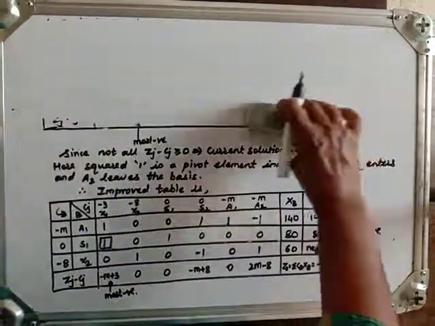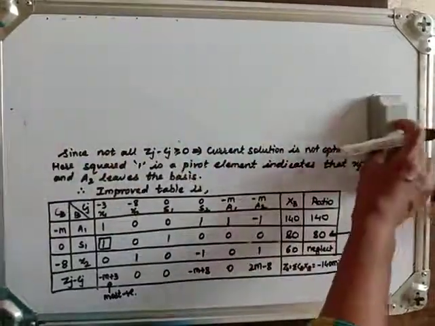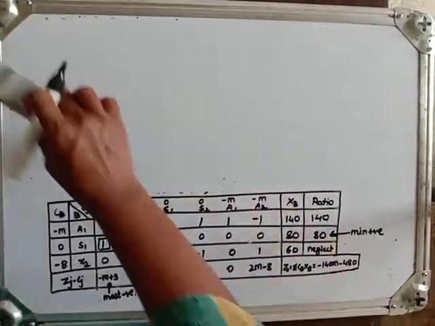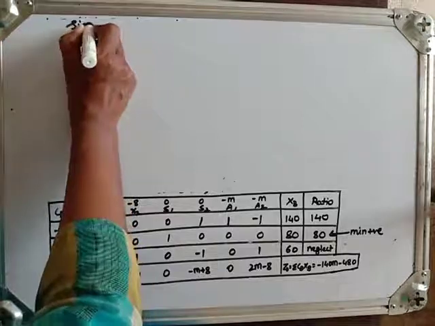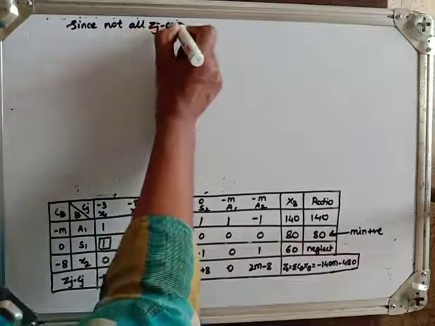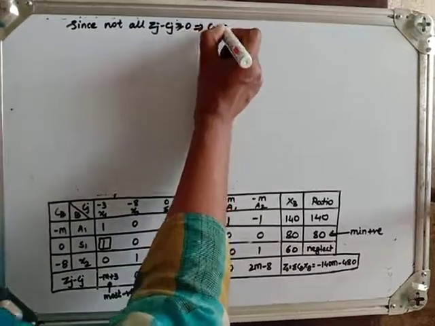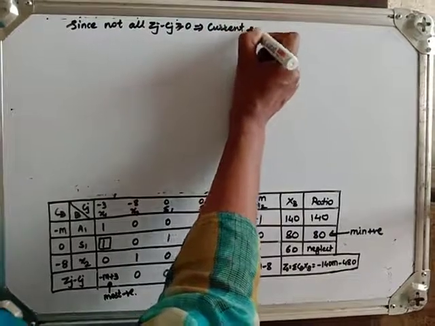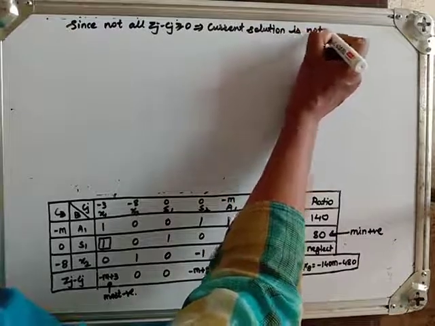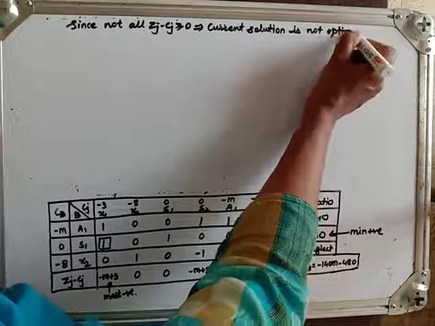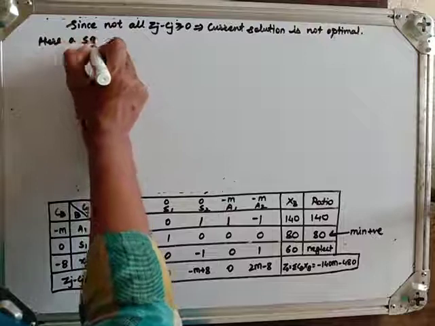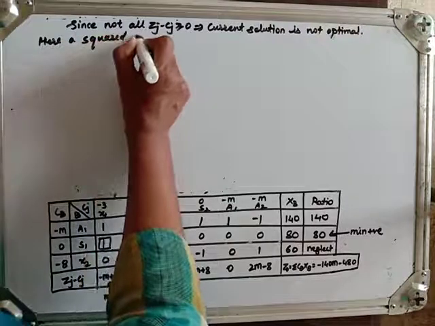Since not all Zj minus Cj greater equal 0 implies current solution is not optimal. Here a squared one, again it is 1.